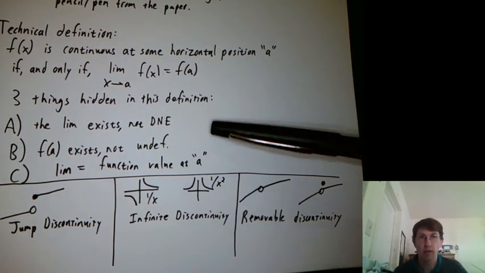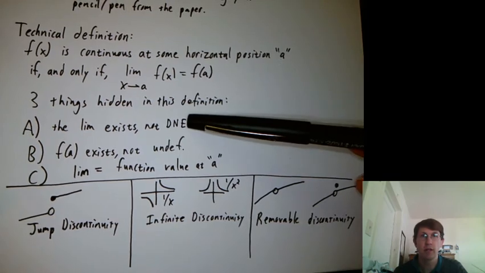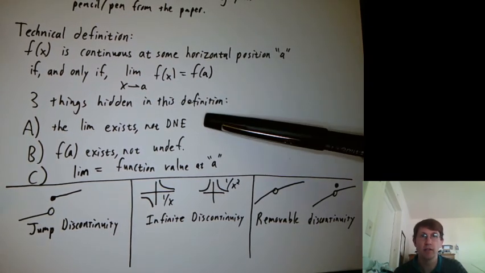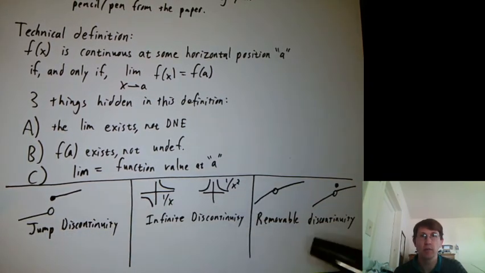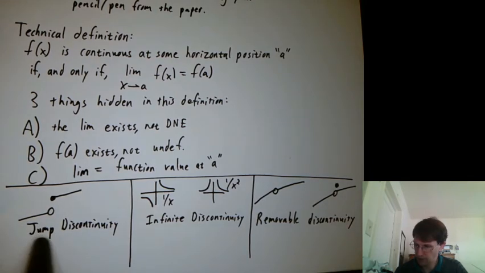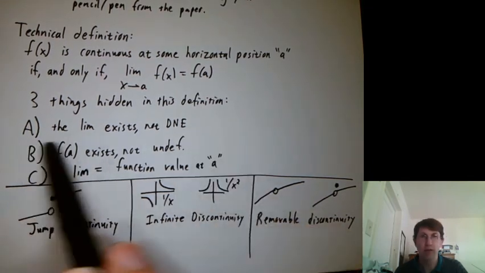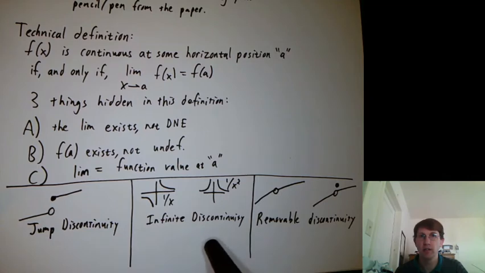It's interesting to think about which of these things hidden in the definition relates to which of these prospects. So think about each one. Is it more of an issue with A failing, or with B failing, or with C failing? So pause the video, think about that.